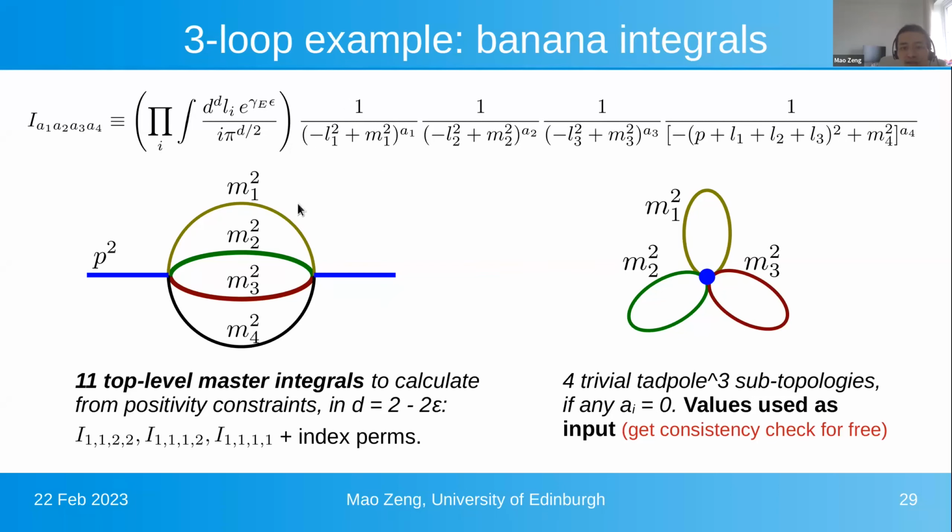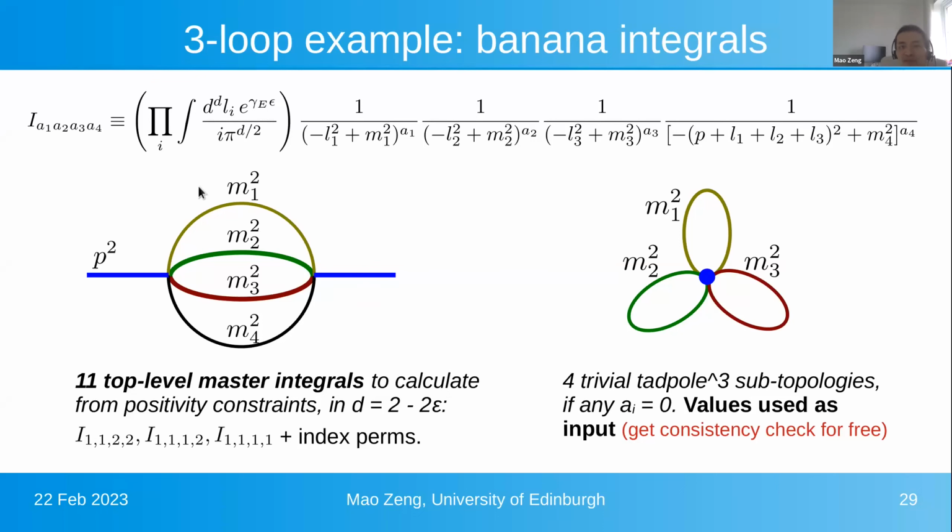So these trivial integrals are actually the product of one loop integrals. Yeah, so essentially we are using the product of one loop integrals as known information to bootstrap the unknown integrals, which are genuinely three loop.